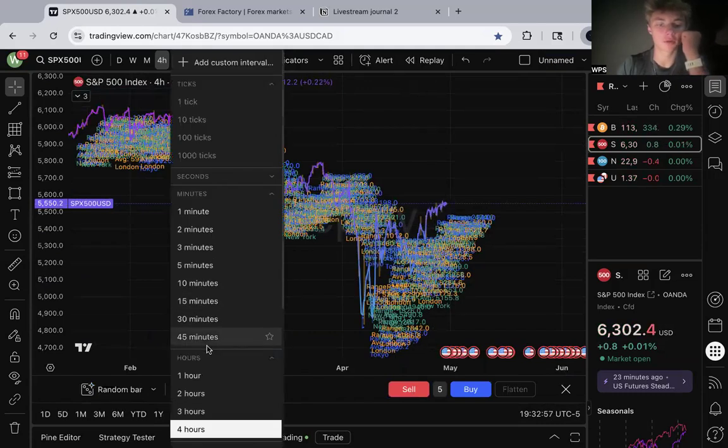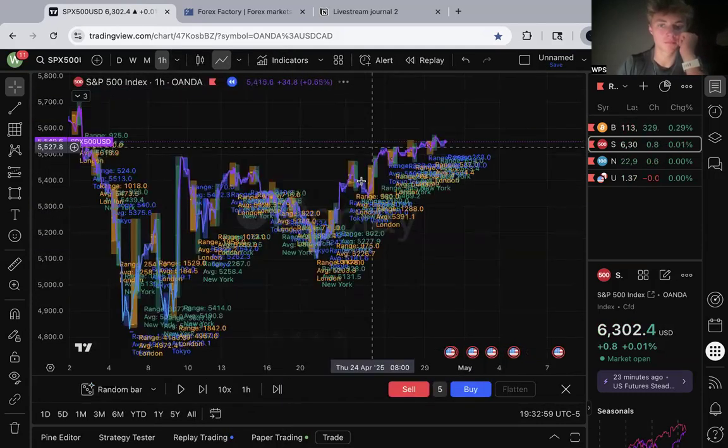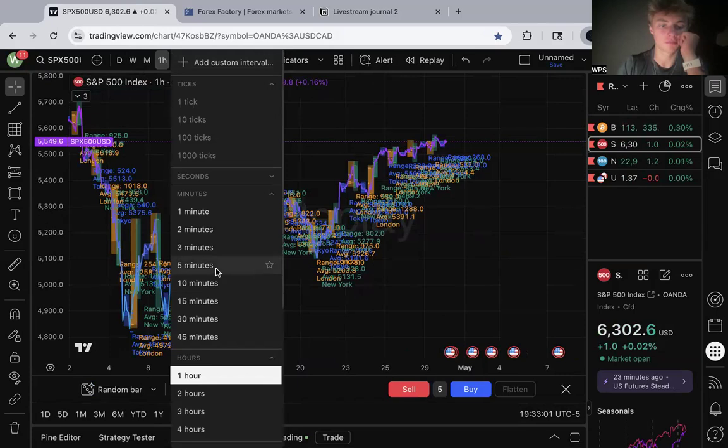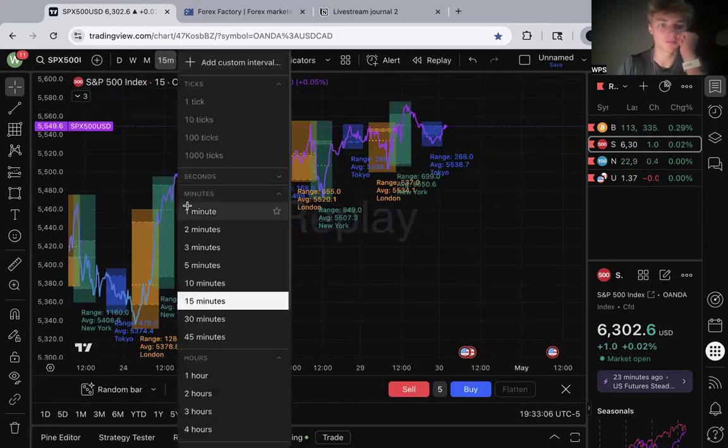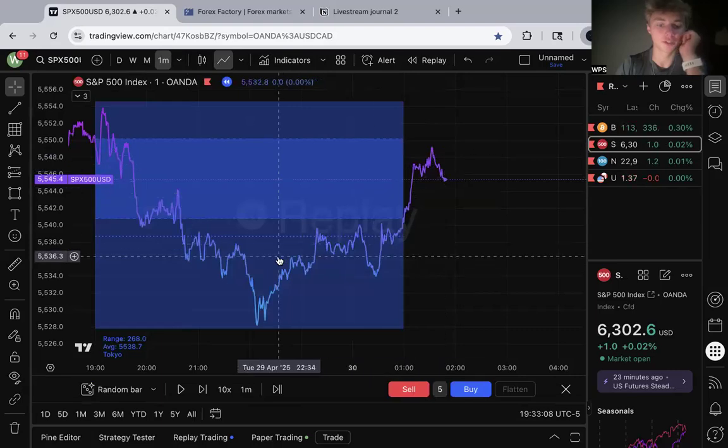So bullish 4 hour, bullish 1 hour, bullish 15 minute, bearish 1 minute.